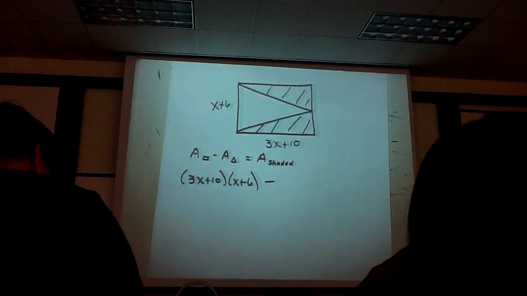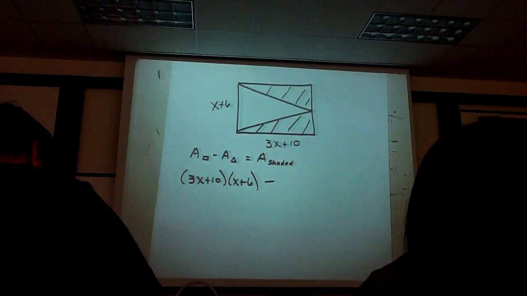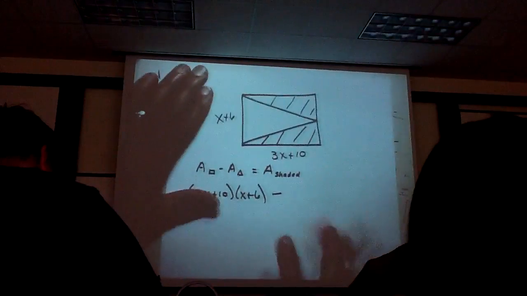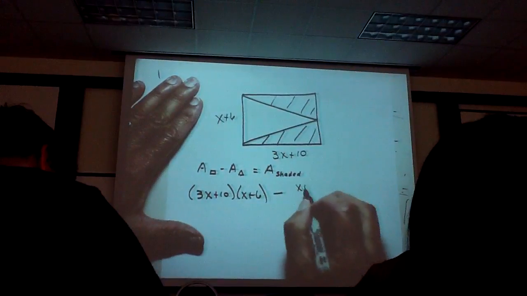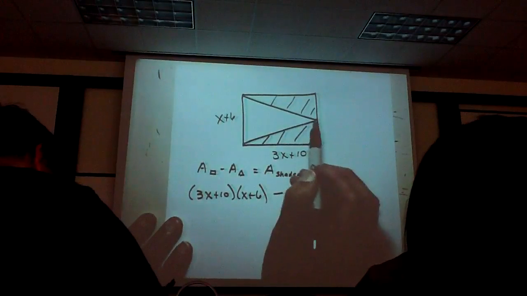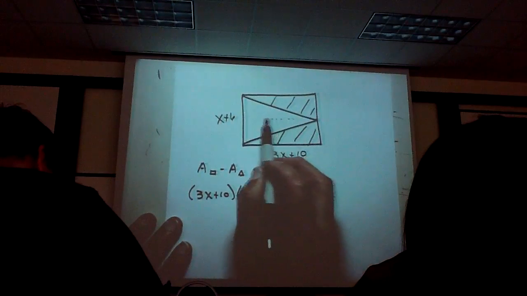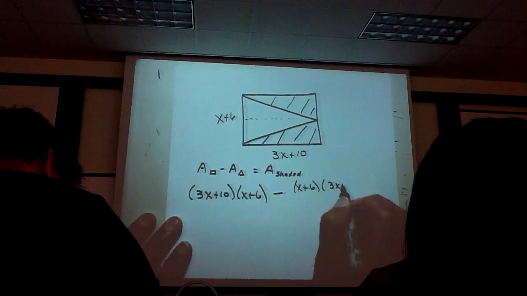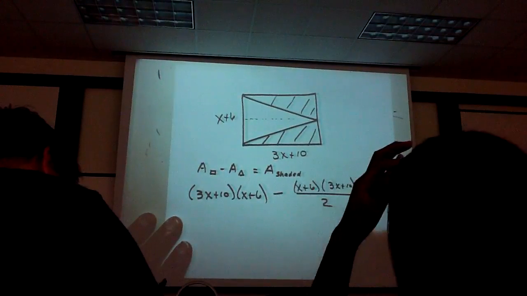What's the base of that triangle? x plus 6. There's the triangle. Base is x plus 6. And the height is, in fact, that, but that's the same as 3x plus 2. That's all I would do.